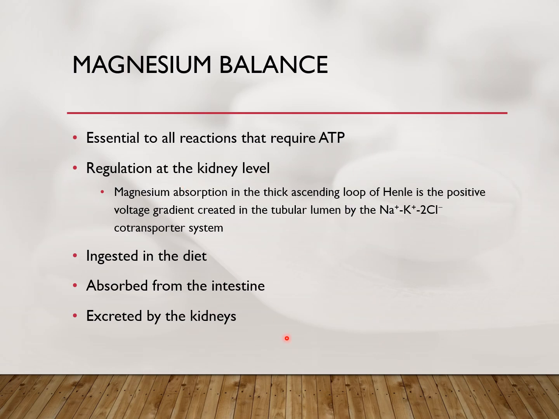I don't need you to really know about that, but just know that magnesium is excreted in the kidney. So we need good functioning kidneys to be able to maintain overall magnesium balance. We bring in magnesium through the diet. So it's largely absorbed from the intestine and then it's excreted by the kidneys.